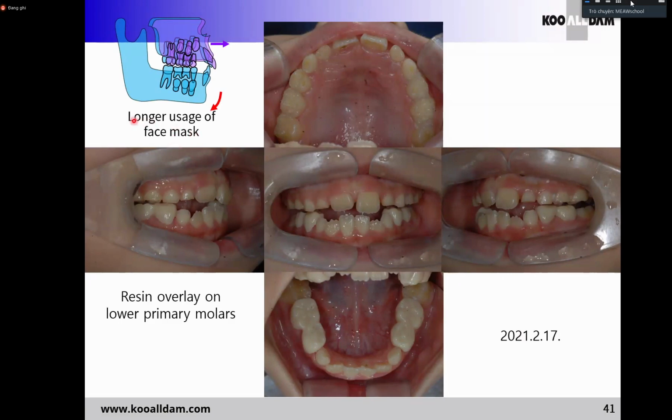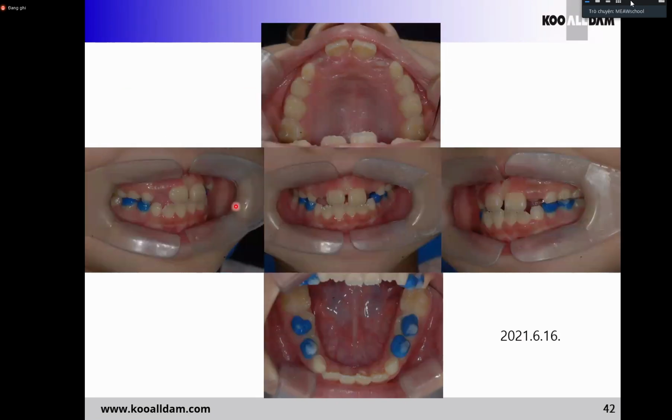However, what happened? With longer usage of the face mask, I think there are much more protrusive lips and a longer face. However, with this patient, you can see some detachment of this resin overlay. So I changed to the blue resin in the clinic.